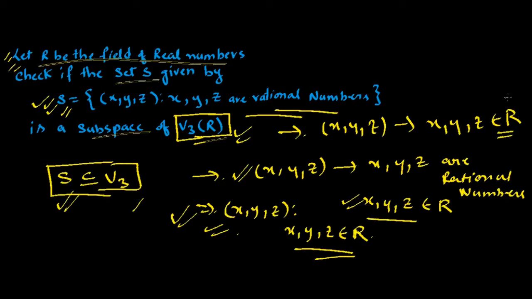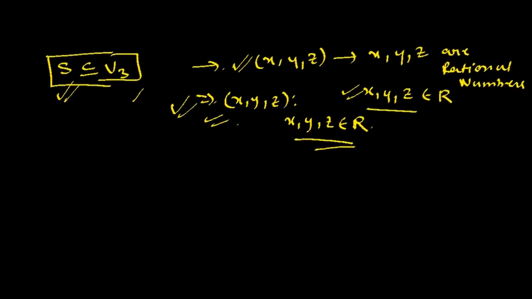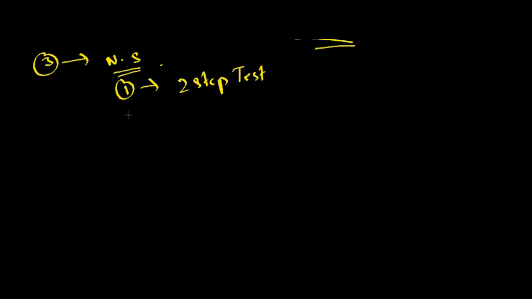Now the next thing is a test that we require to prove. There were three necessary and sufficient conditions that we have seen. One was the two-step test, and the second was the single step test.